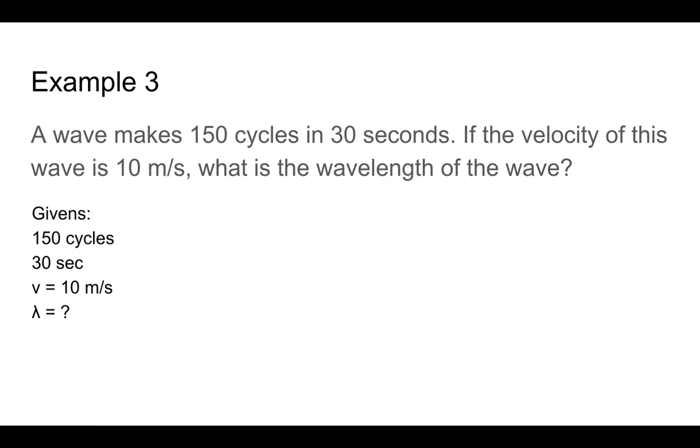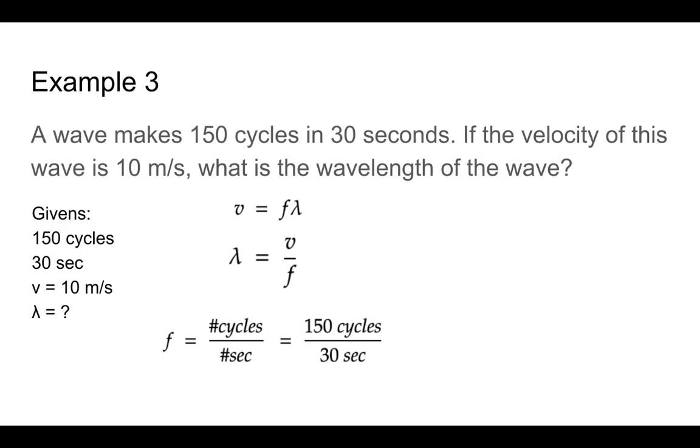I know that velocity of a wave is equal to frequency times wavelength. Now I have the velocity and I want to know the wavelength, but I don't know the frequency, but I can find the frequency from my other given information. Frequency is equal to the number of cycles over the number of seconds. So here I get 150 cycles over 30 seconds.